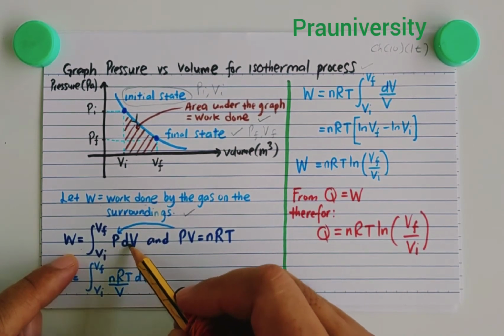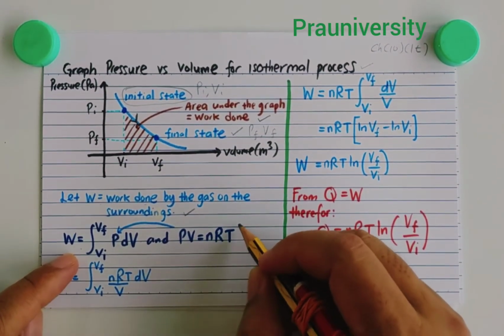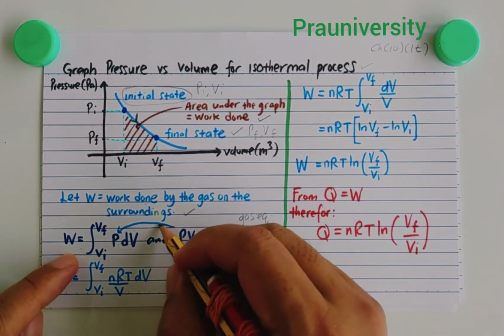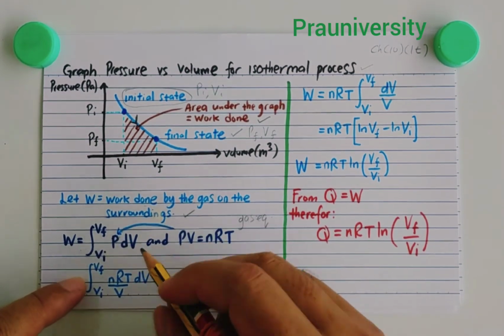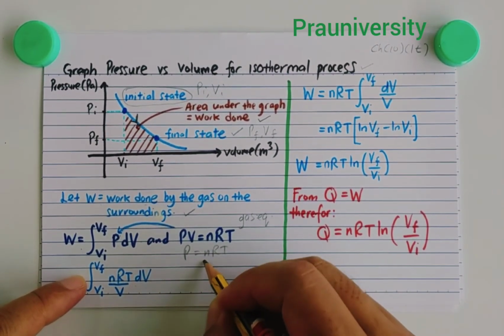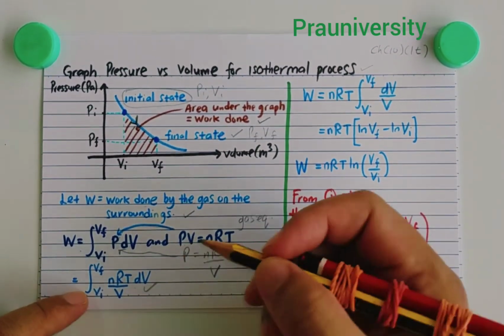So we integrate P dV. We replace P using the gas equation: P is equal to nRT over V, so we have this equation.